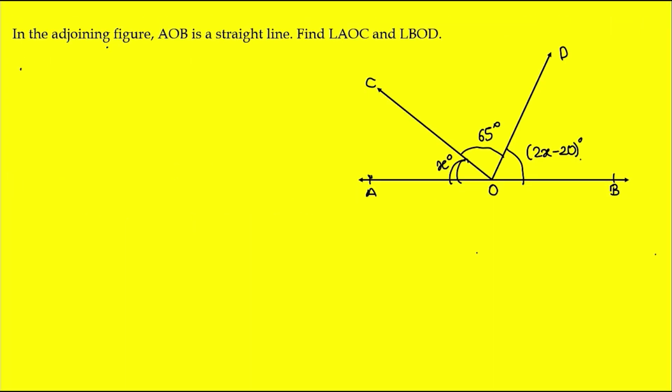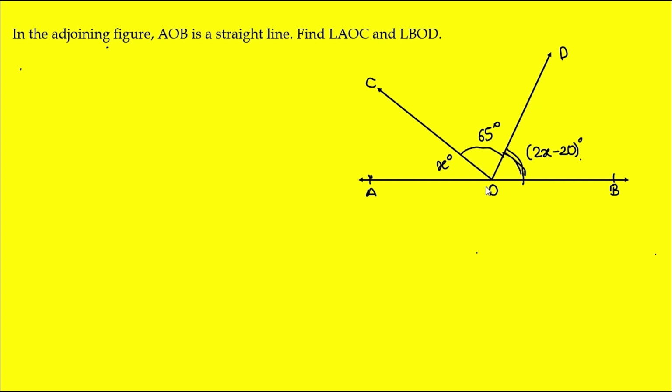The next question is, in the adjoining figure, AOB is a straight line. Find angle AOC and angle BOD. As you can see, AOB is a straight line, so it measures 180 degrees. What are you asked to find? Angle AOC, this angle, and angle BOD, this angle.